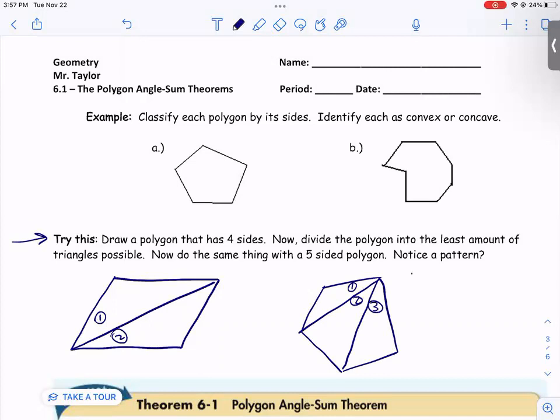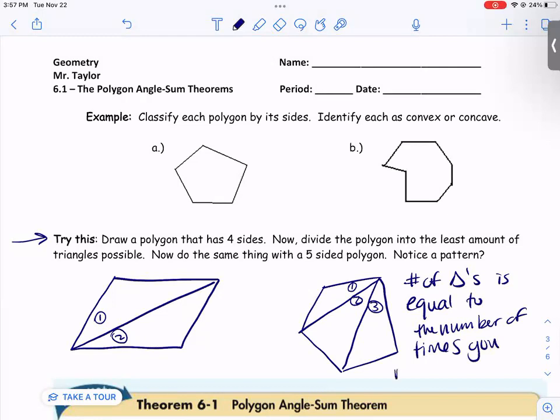So the number of triangles in the shape is equal to the number of times you multiply by 180. There's 180 degrees within each of these triangles in terms of their interior angles.